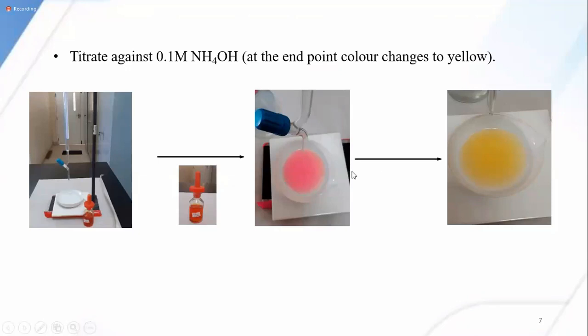Please carefully observe the color change and include this color change in your observation part. Can you all understand the procedure? Yes, ma'am. I will call one person to tell the summary of the procedure.